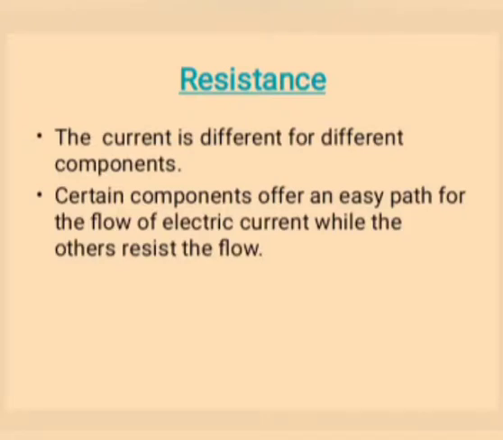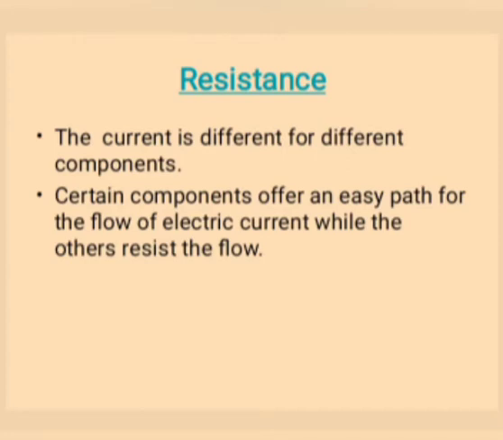From this activity, it is clear that when the nichrome wire is connected, the current drawn by the filament is 0.3 ampere. For the torch bulb, it is a tungsten filament. It is 0.4 ampere.